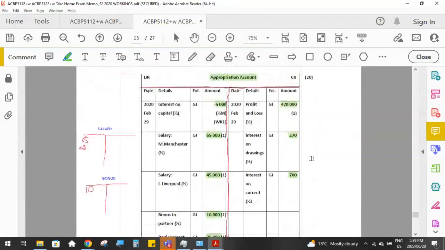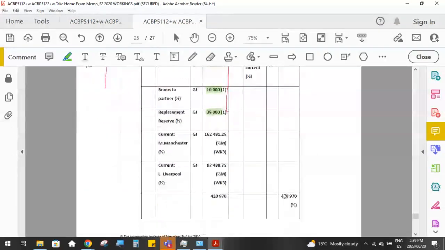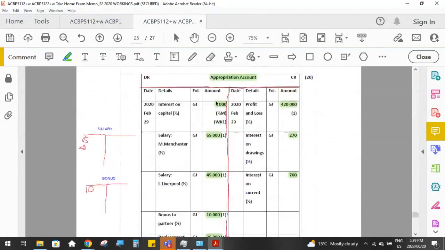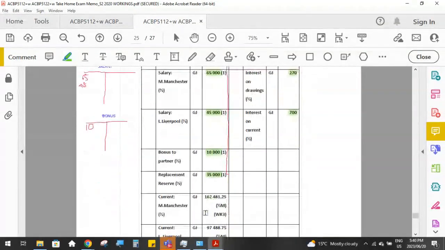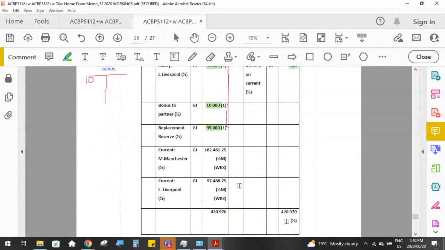So what you would do at this point is add up the left-hand side of the appropriations account for 2970, and add up the left-hand side as far as the replacement reserve, because that's the amount of the profit that we've already taken out.